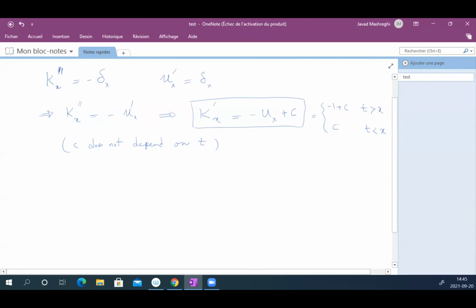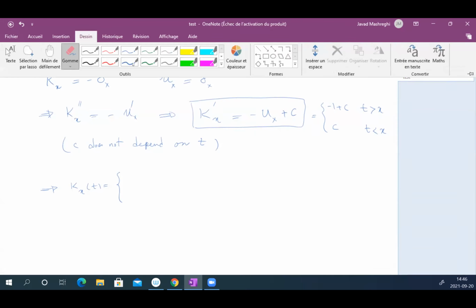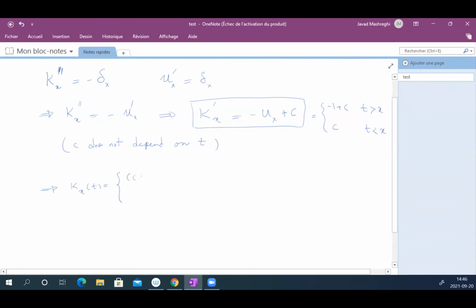When you do the antiderivative one more time, k x of t becomes c minus 1 times t plus another constant, which I called e in my notes, for t bigger than x.